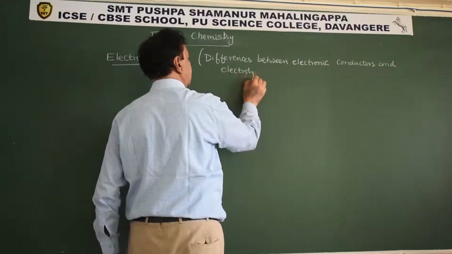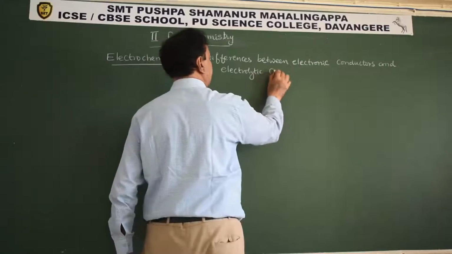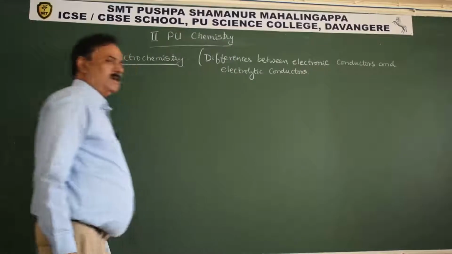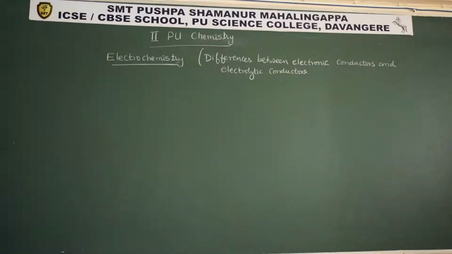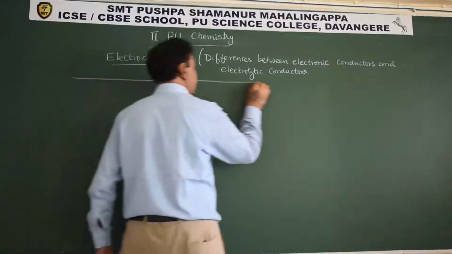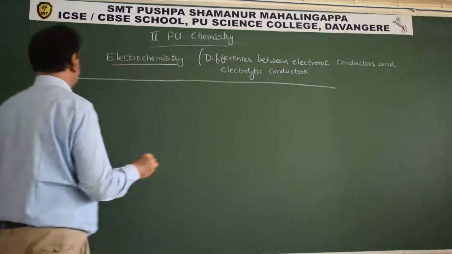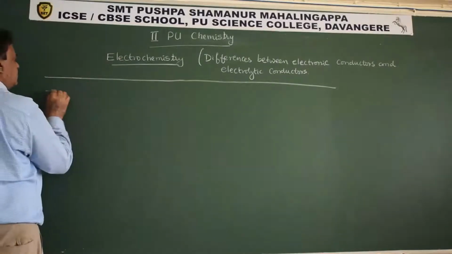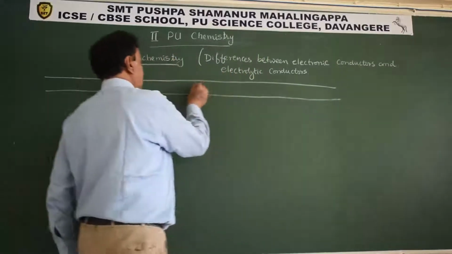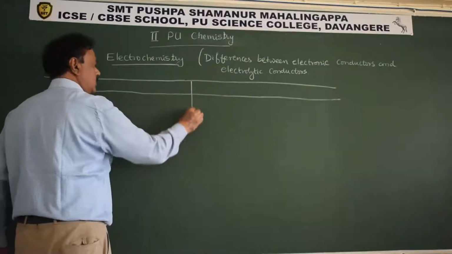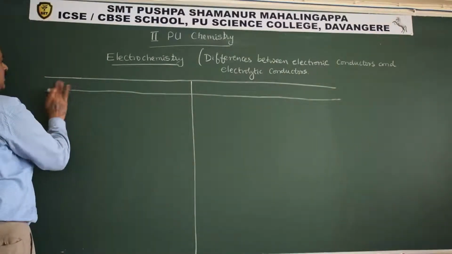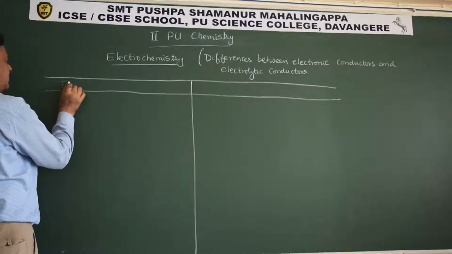If they ask for the differences, then make two columns. Divide this into two, where the first one is electronic conductors or metallic conductors, and the second is electrolytic conductors.